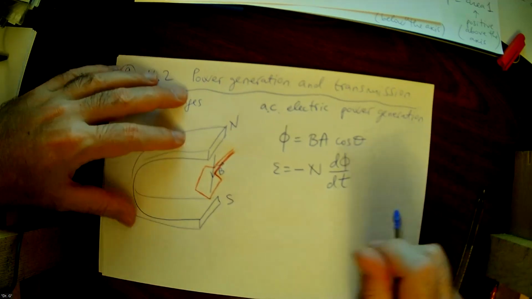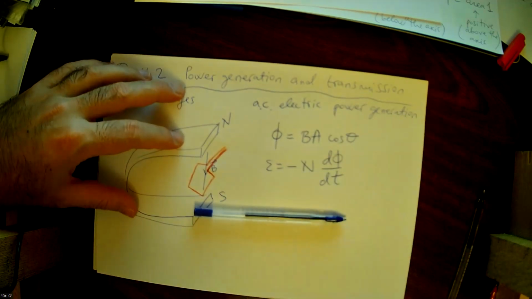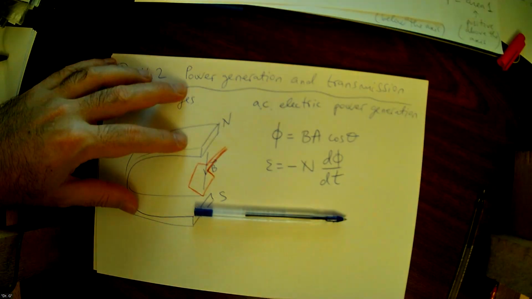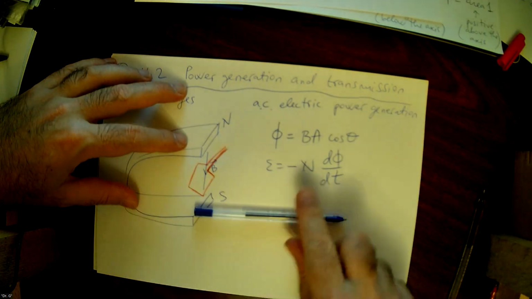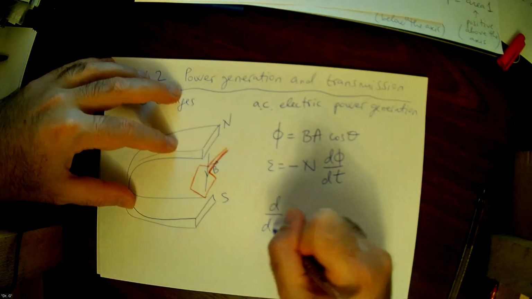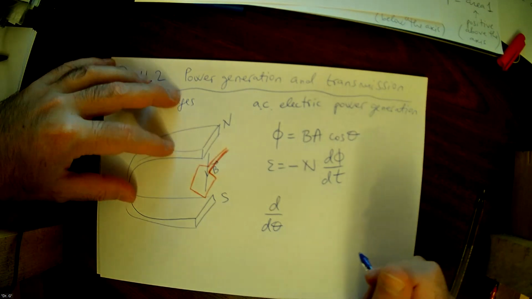This is what we want to be mathematically accurate, the derivative. The derivative. And what is the derivative of the cosine function?